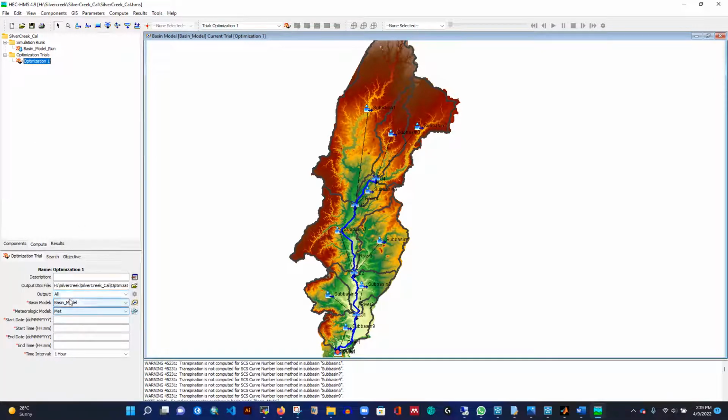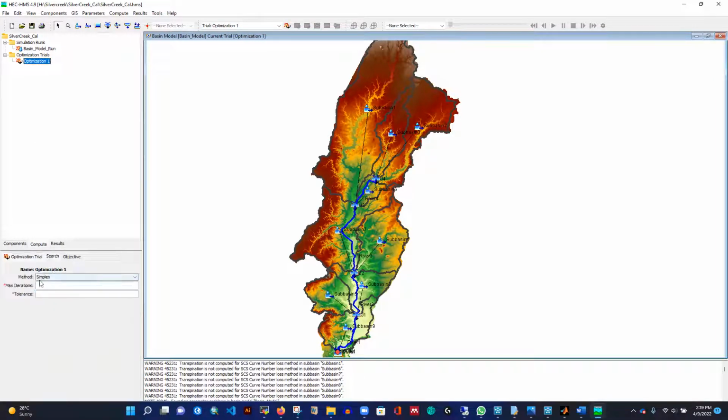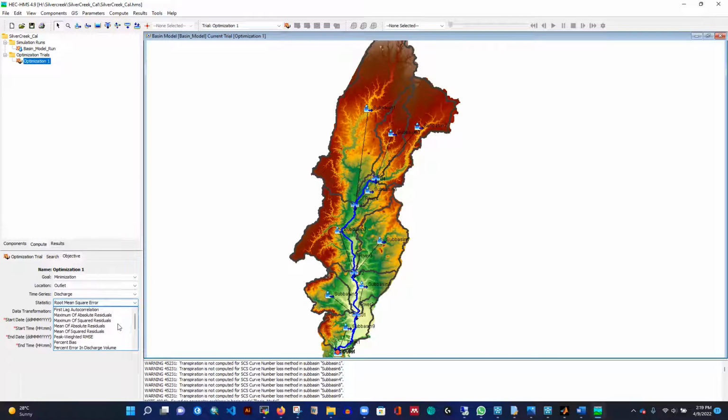So we have to go to search and use the method. We can use the Simplex method, and for maximum iterations I can select 100, and the tolerance I can select 0.01. For objective function, you can see we have these options: root mean square error. To capture the shape you can even use first lag autocorrelation.